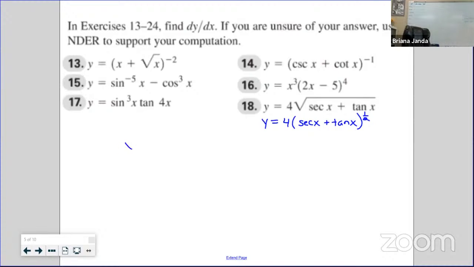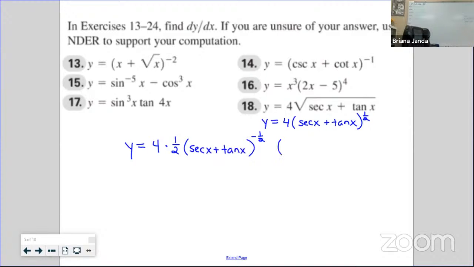Now remember the 4 is along for the ride because it's just a constant multiplier, but we would have 4 times the derivative of the outside function, which is an x to the 1/2: multiply the 1 by 1/2, or I could have just multiplied the 4 by 1/2, and subtract 1. 1/2 minus 1 is negative 1/2. Don't change the inside.